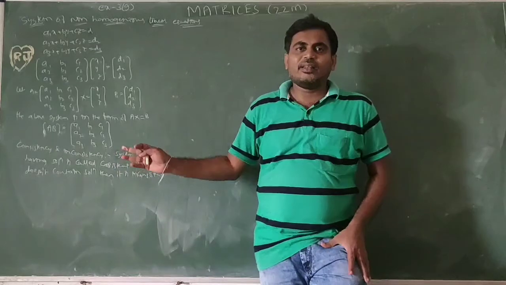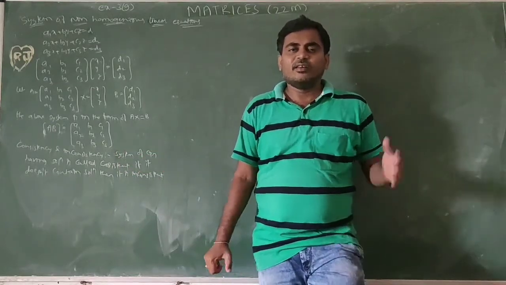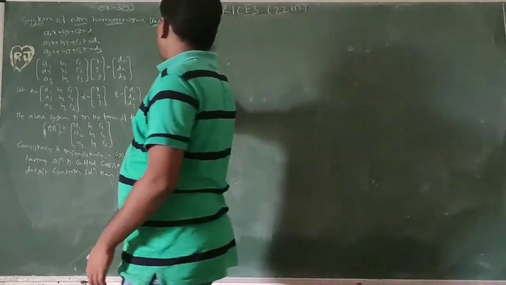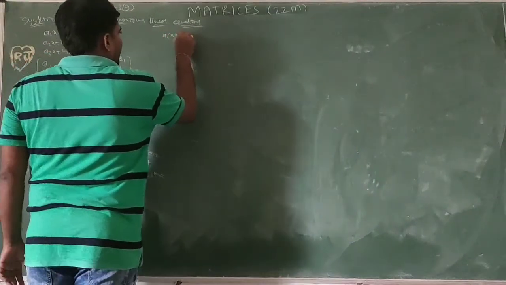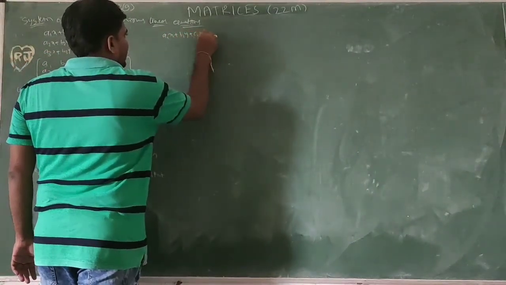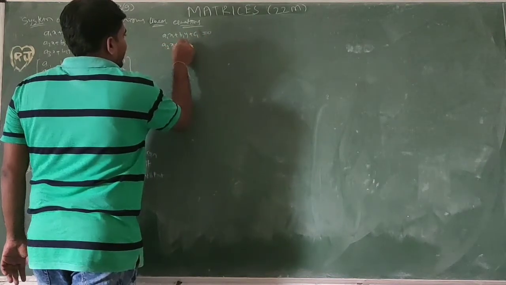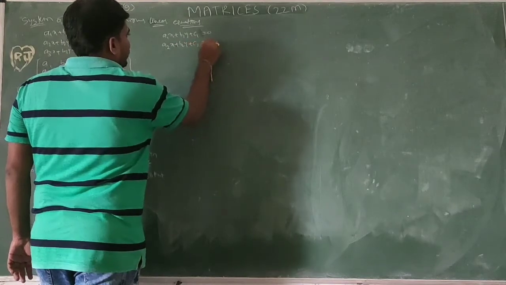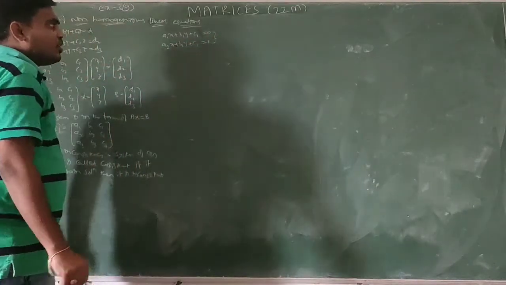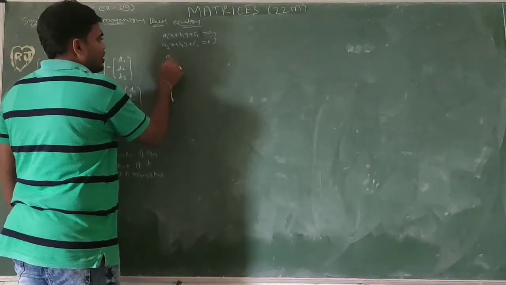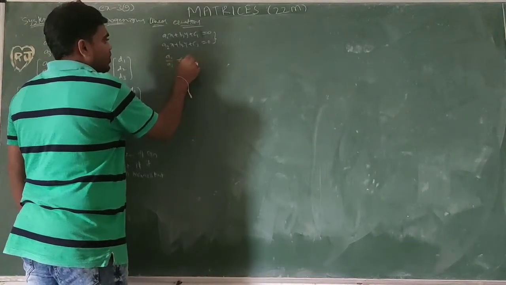So it is already in the 10th class. What is consistency? What is inconsistency? For a pair of equations, if we are taking a1x plus b1y plus c1 equal to 0, a2x plus b2y plus c2 equal to 0, these two are the pair of equations. When it contains a unique solution, a1 by a2 not equal to b1 by b2.